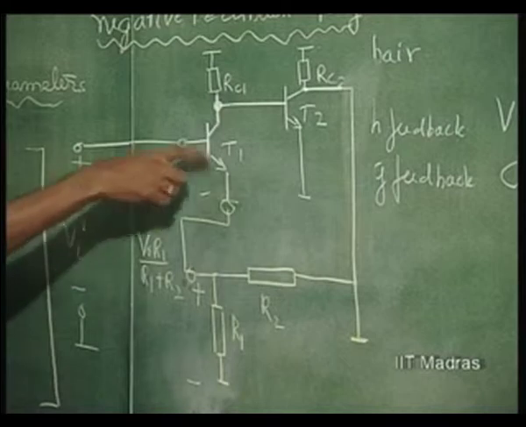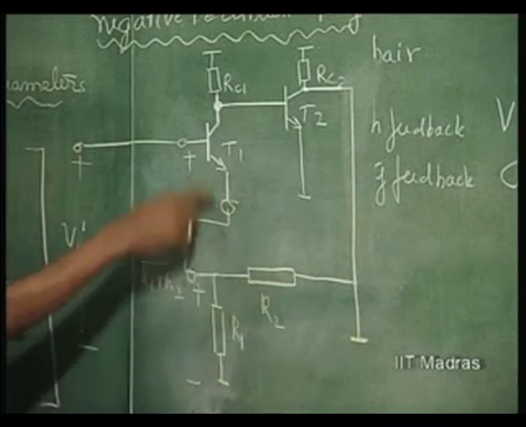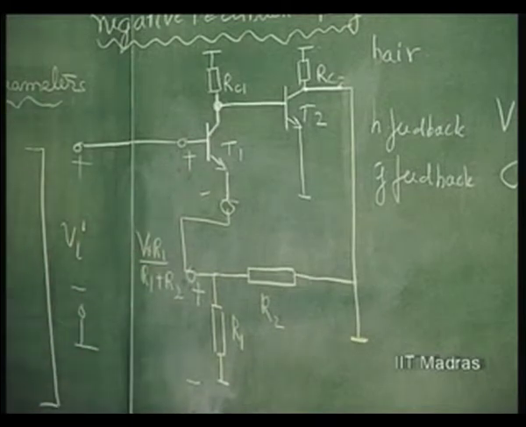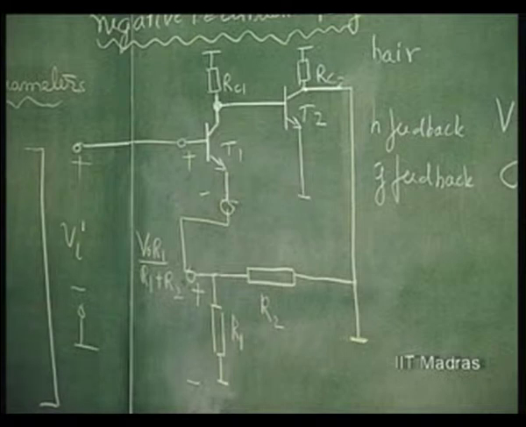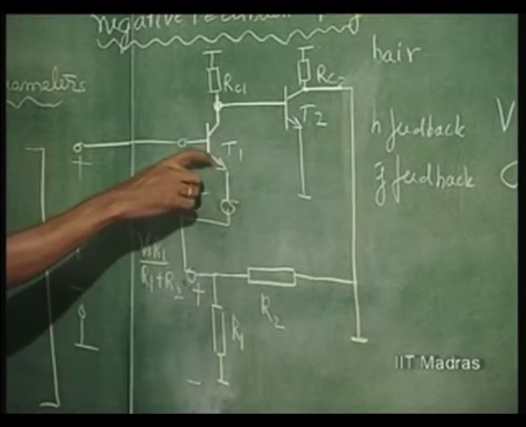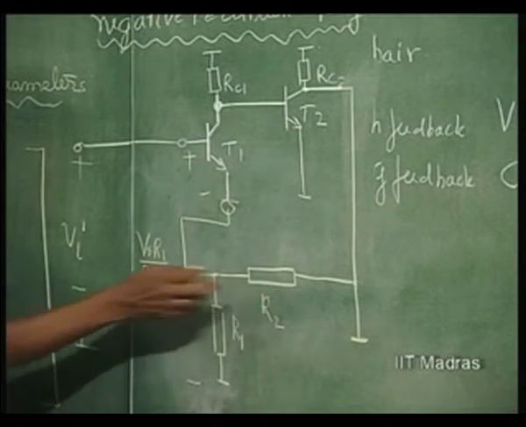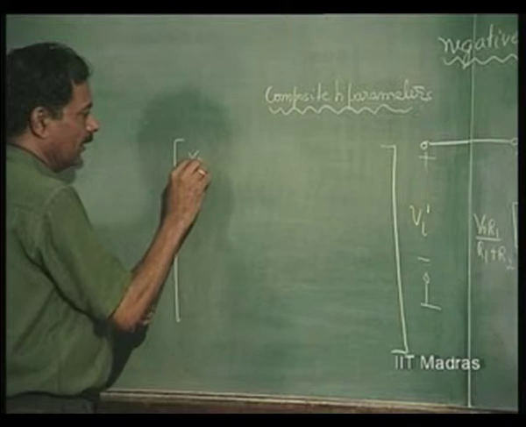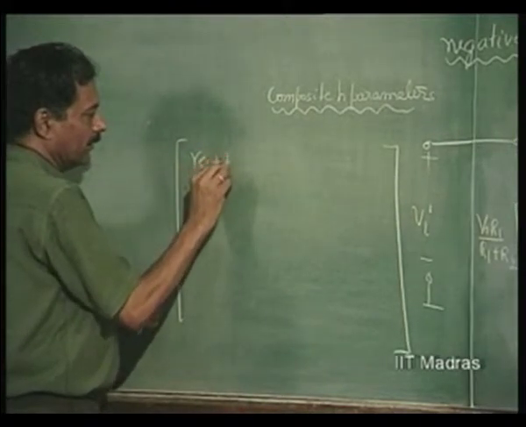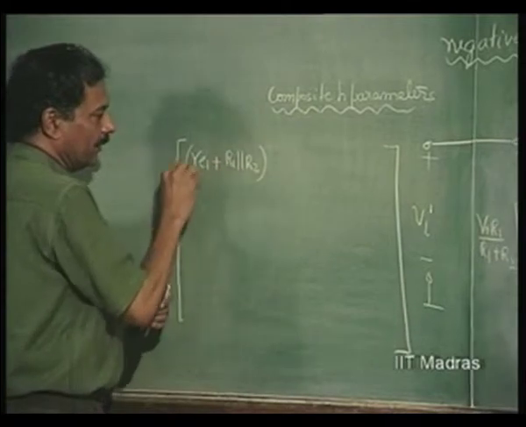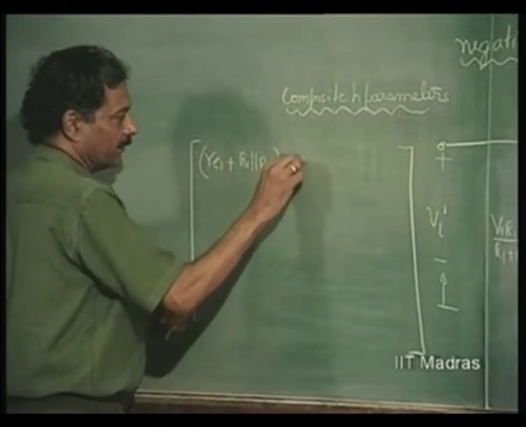So, R1 comes in parallel with R2 at the input of this amplifier T1, and therefore, the input impedance of this network is going to be Re1 plus R1 parallel R2, into beta plus 1.